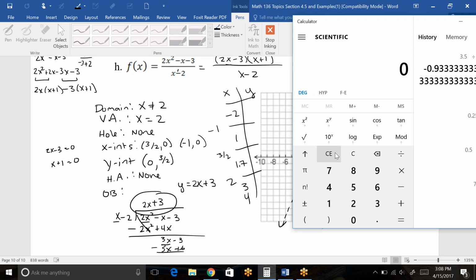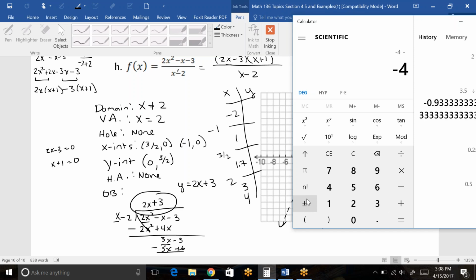This one is 2, I'm going to go with the factored form. 2 times -2 minus 3 is -7, times -2 plus 1 would be -1. So my top on that part is 7.